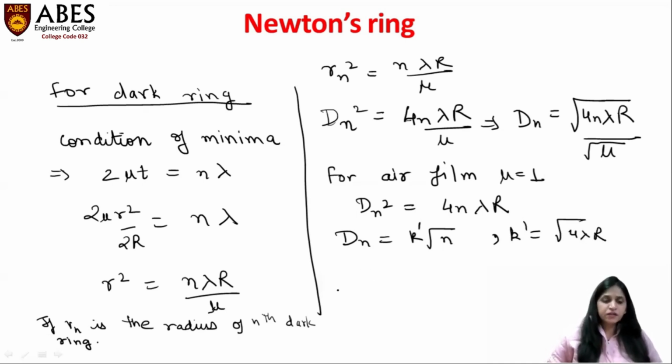So again, we can conclude from here that n is equal to 0, 1, 2, 3, and so on.